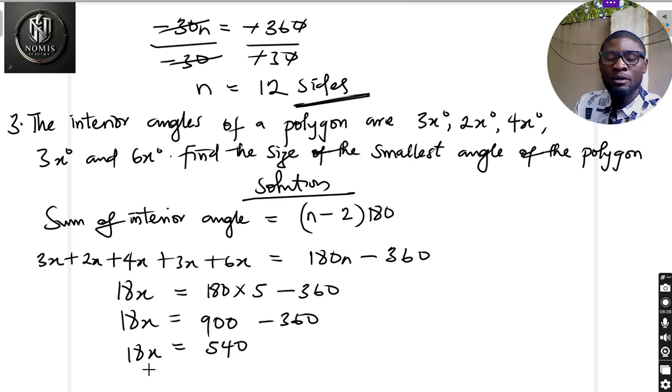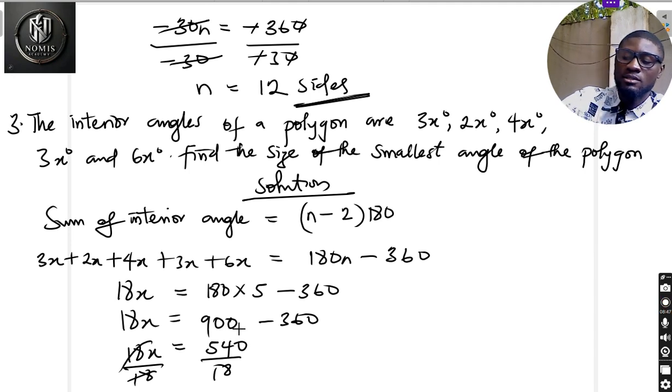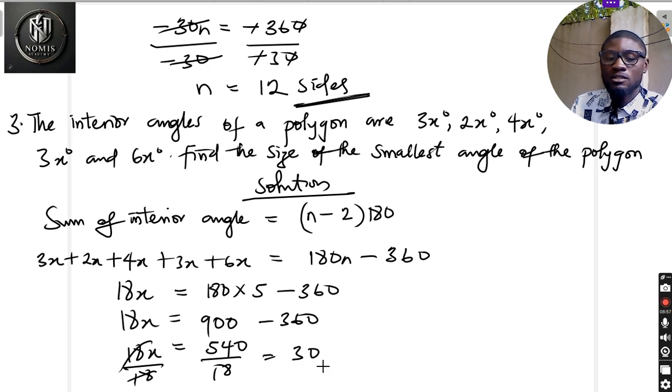So what do we do from here? We divide both sides by 18 to know the value of x. 540 divided by 18 gives 30. So x is equal to 30.